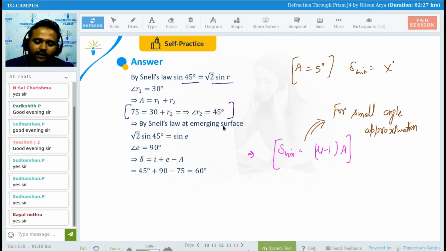So with this small angle approximation, we can find this mu directly. Clear?